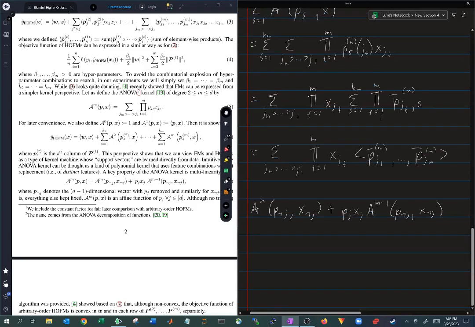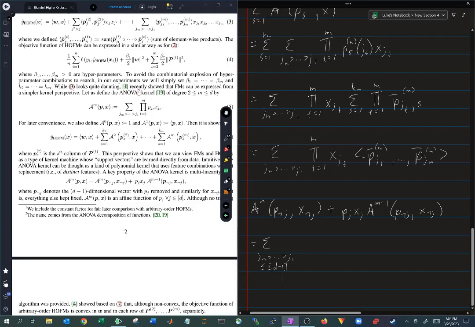This is equal to the sum over all jm greater than j1. Okay, now here this is a little tricky. P not j and x not j are d minus 1 dimensional vectors. So jm through j1 have to belong to the integers between 1 and d minus 1, using this square bracket notation, which I love.